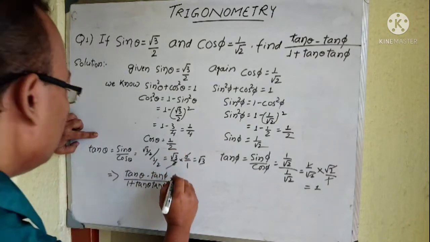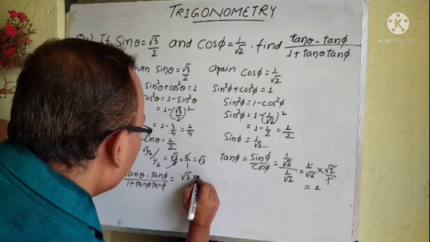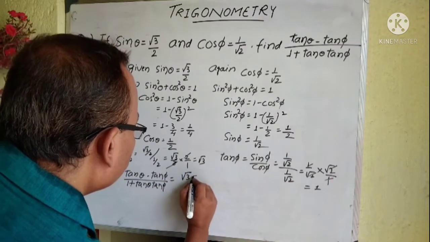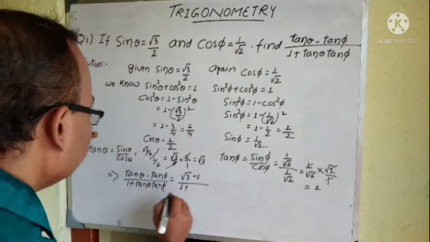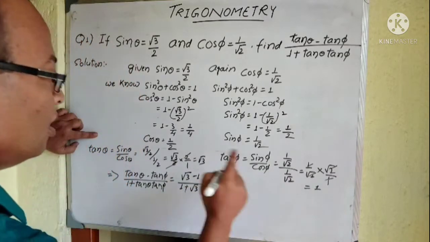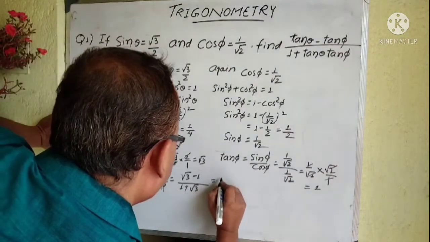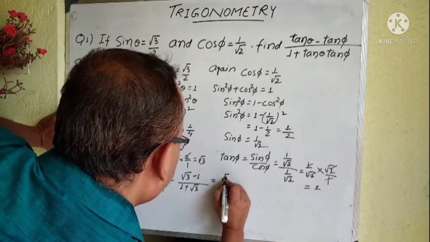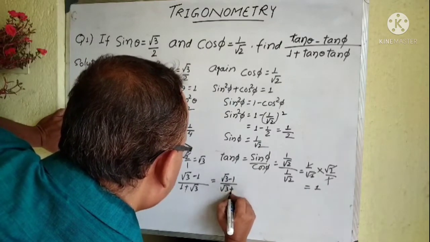Tan theta we have got root 3, minus tan phi we have got 1, by 1 plus tan theta which is root 3, and tan phi which is 1. So this is root 3 minus 1 by root 3 plus 1.